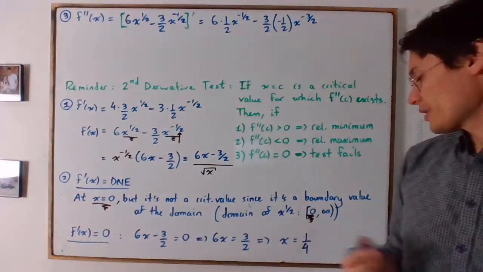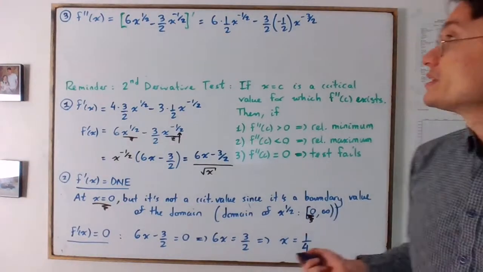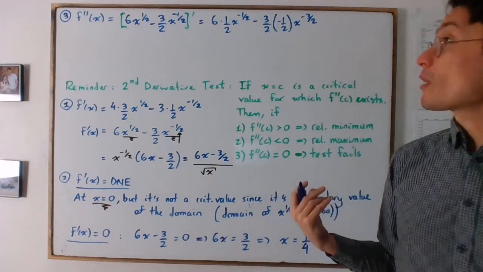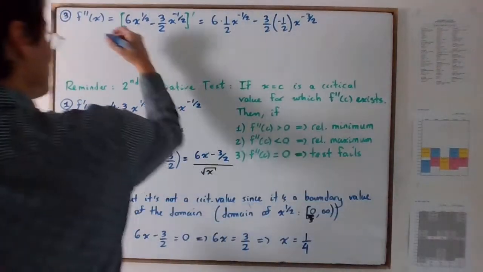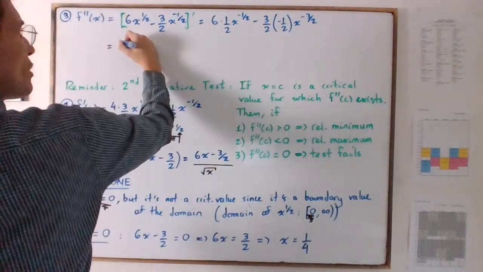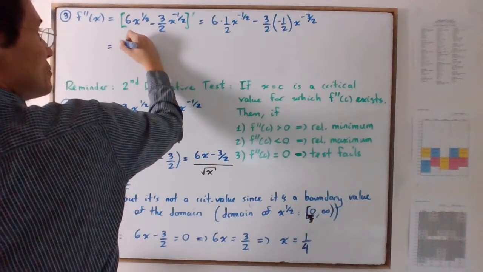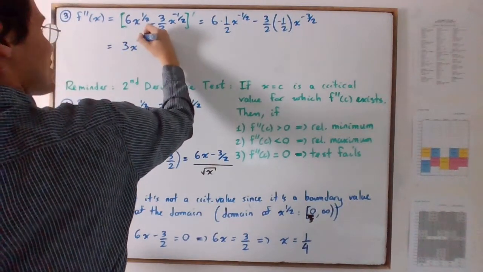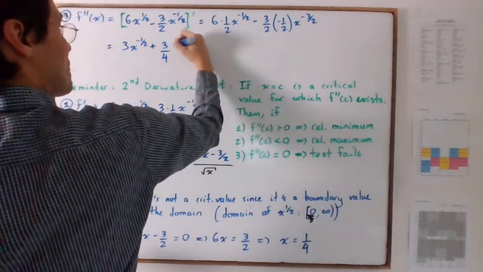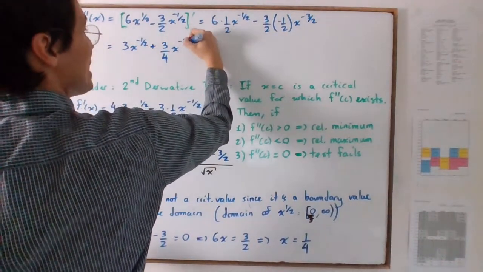More particularly, we're going to replace the 1/4. So we do need to be able to calculate, and this is not a very proper form. So, all right, simplifying this. Let's first deal with the numbers, because as you can see, they could be annoying. So 3x to the negative 1/2 plus 3/4 x to the negative 3/2.